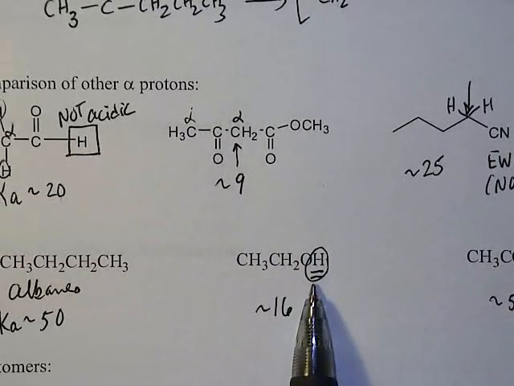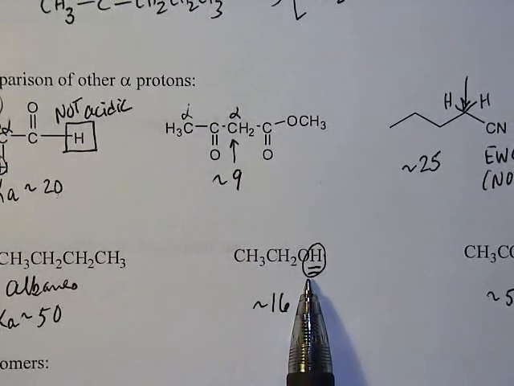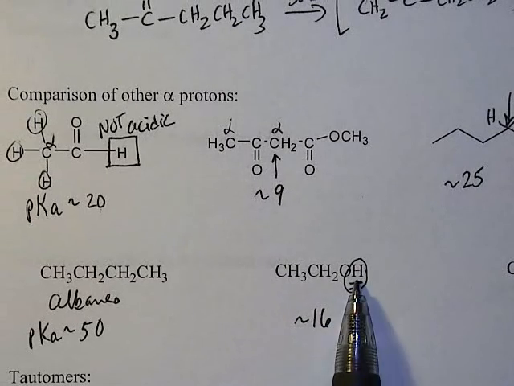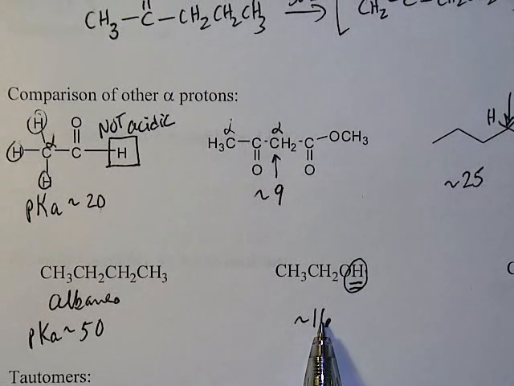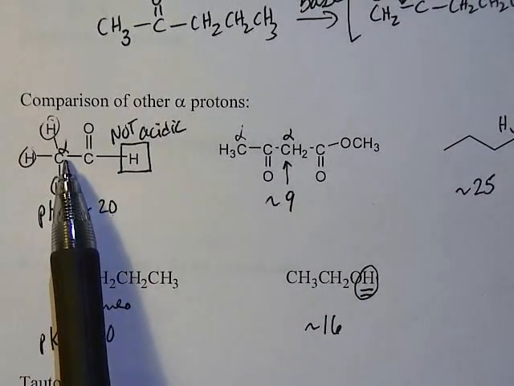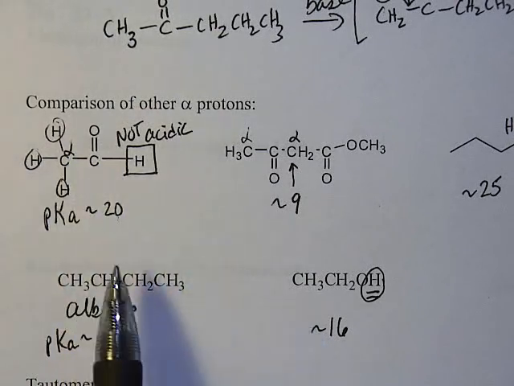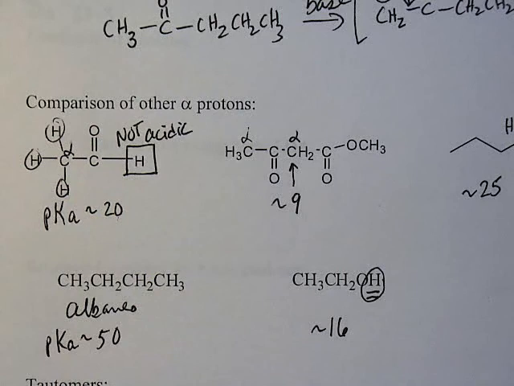And notice, the pKa of water or ethanol, some of the alcohols, are around 16. So the hydrogen on the oxygen is more acidic than the hydrogen on the carbon, even though it's resonance stabilized. So you have to keep that in mind when you're looking at these compounds.